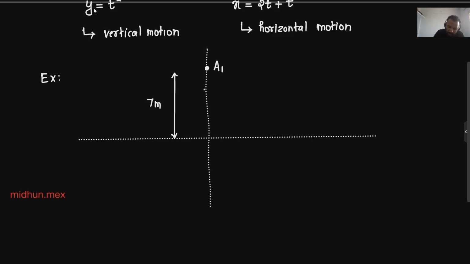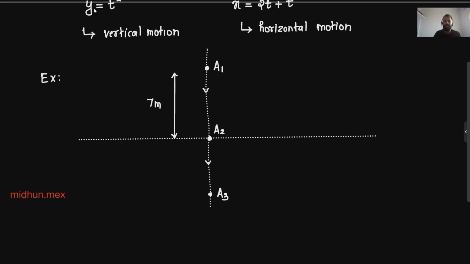Then this body travels, let us say a single person only. That person travels and reaches here. This is the second position A2. The person's first position A1, the person's second position A2. Then the person traveled again downward. Then the person's third position we put A3.